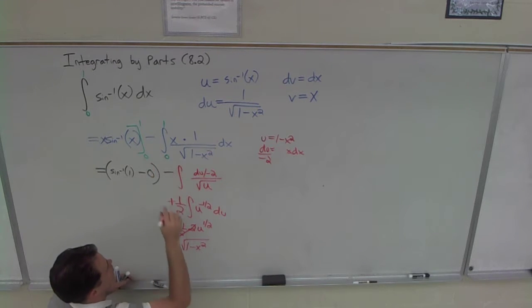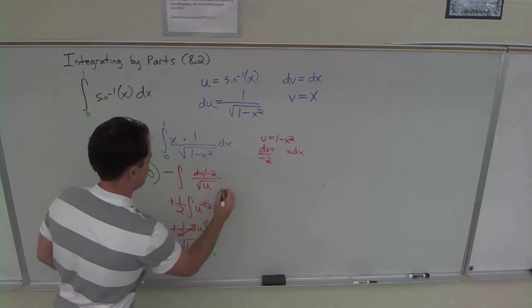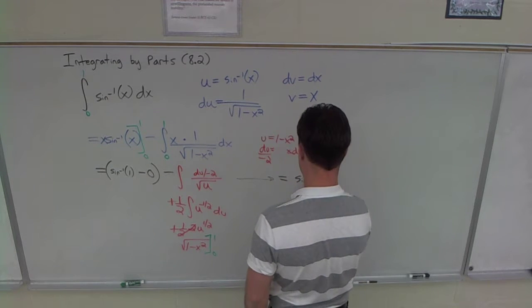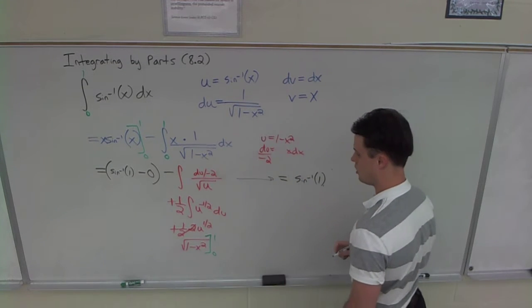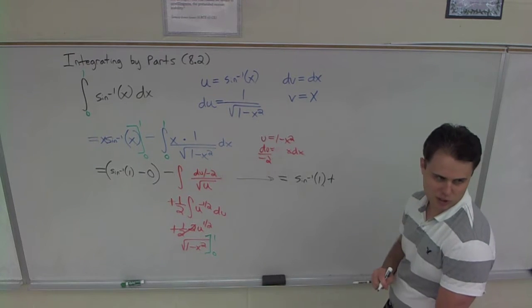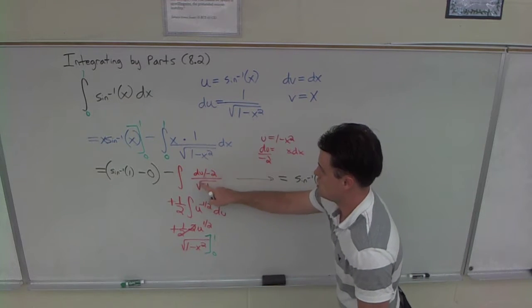And we wanted to go from 0 to 1. So coming way over here, it's going to be equal to, so far we've got the inverse sine of 1 minus nothing, plus or minus, we got to be careful here. So I had a minus, and that minus became this plus.